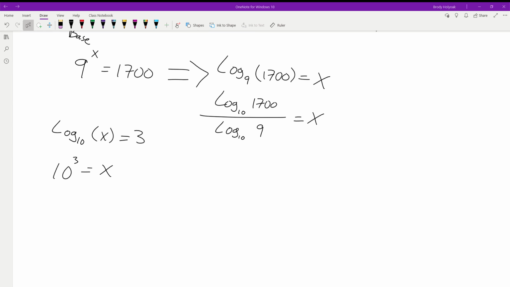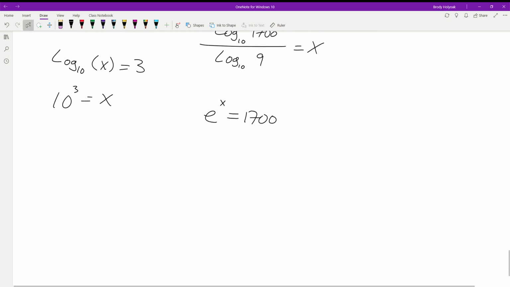Same with this. If we wanted to go with e to the x is equal to 1700, how would we solve that value? Yep, so basically we're going to take the natural log of both sides. Those two are going to cancel.